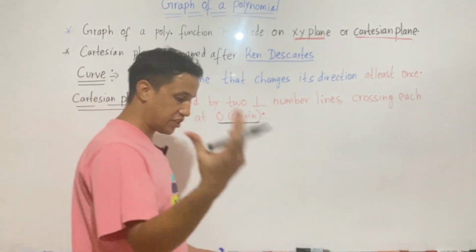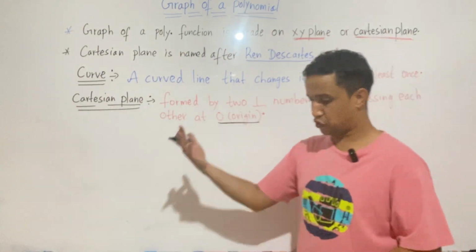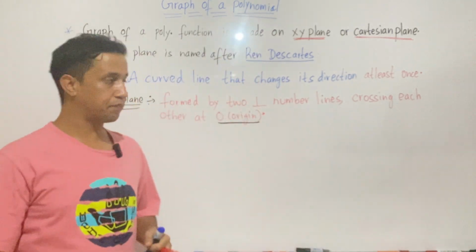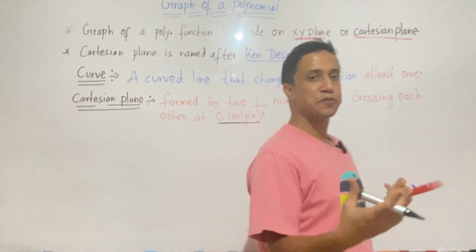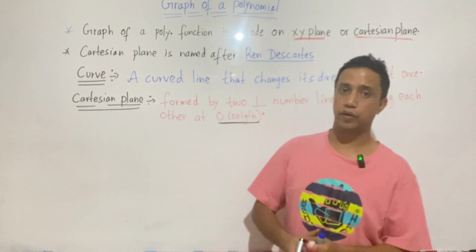If someone asks you what is the Cartesian plane, just tell them that it is defined by a two perpendicular number line system.